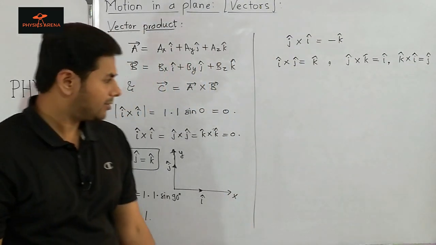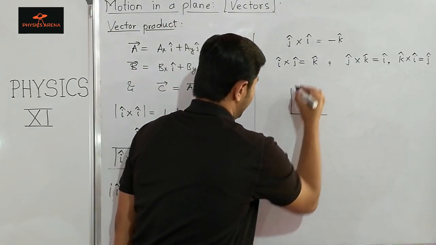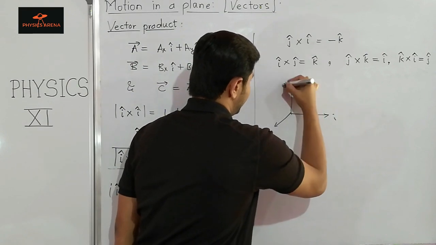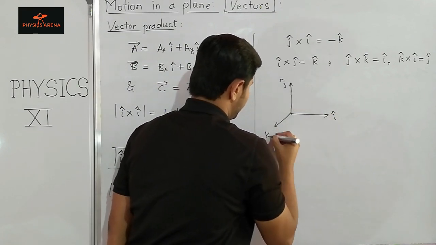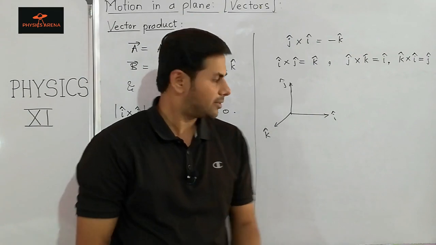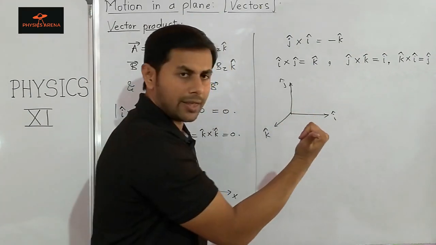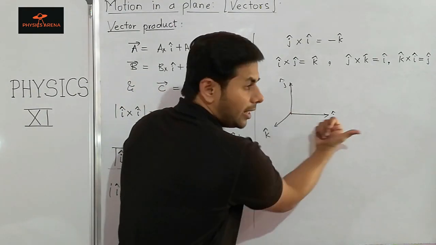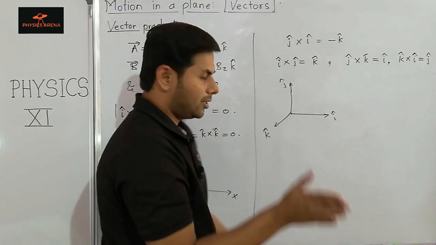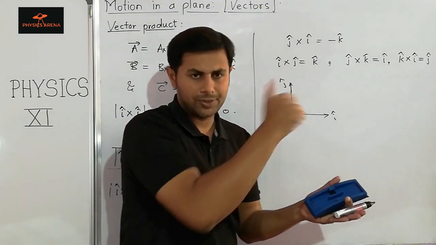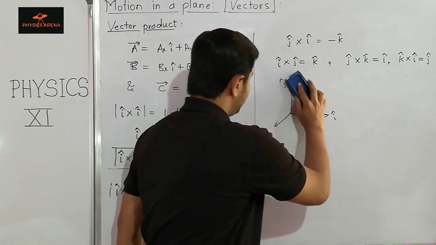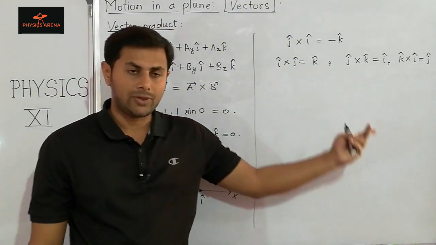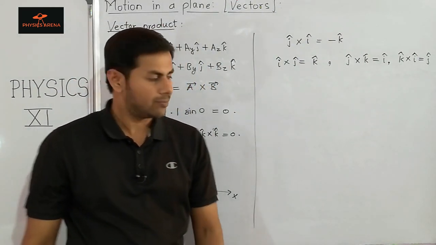You can check that by drawing this right-handed coordinate system i, j, k. These are unit vectors along the x, y, z axis. So i cross j gives k, then j cross k gives i, and then k cross i gives j. And if we take it in reverse order, then the answer will be negative.